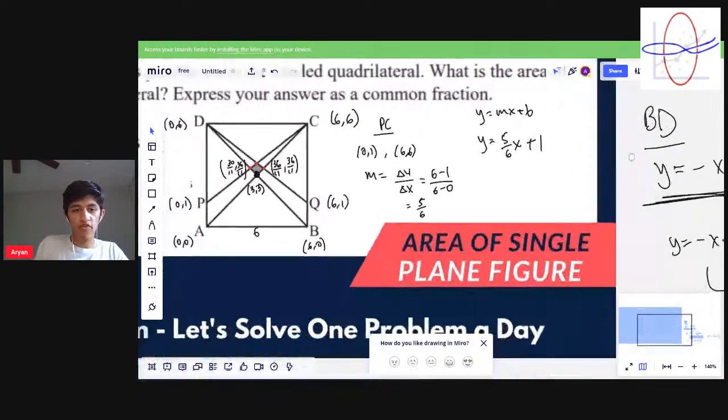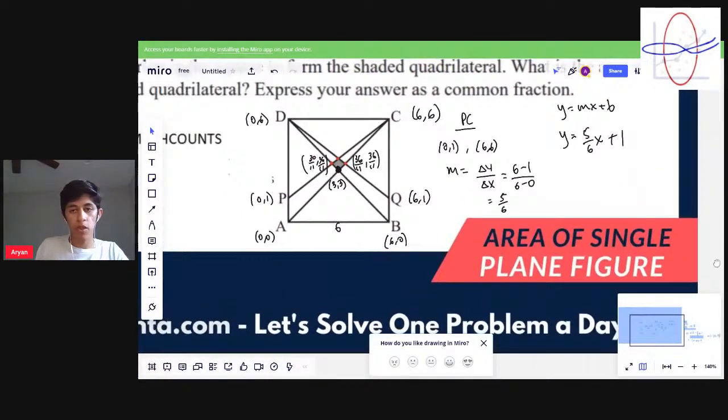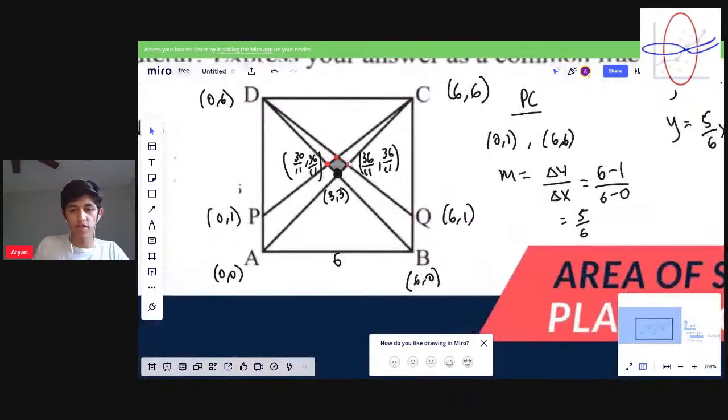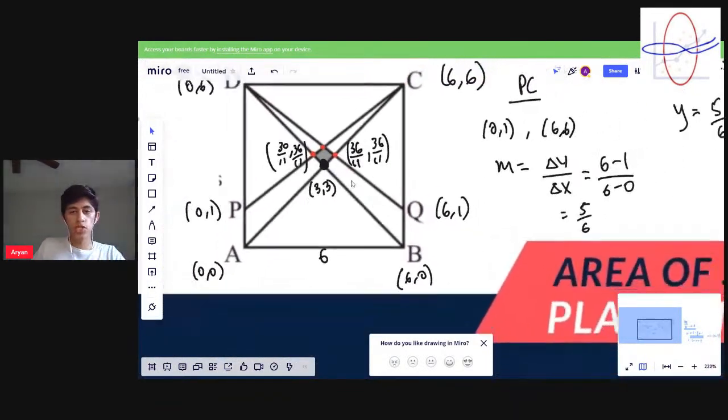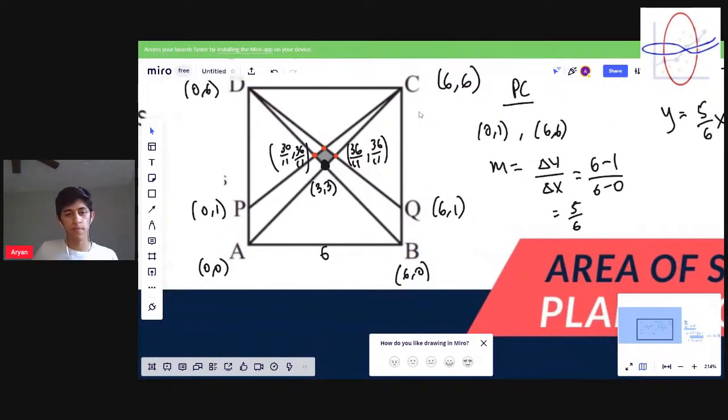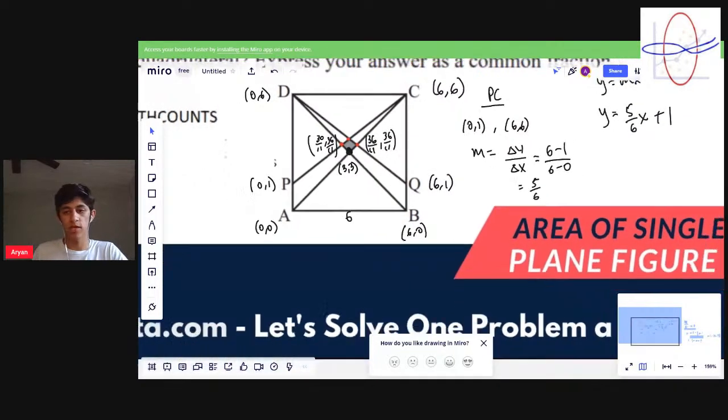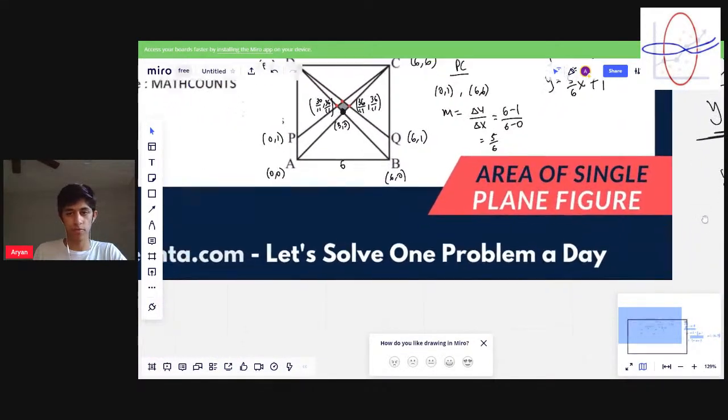So now if we want to find DQ, before we start cranking away to find the slope, we know the slope of PC is 5/6. And DQ looks pretty similar to PC, right? The idea is it's just 5/6, but it has a negative slope. So the slope of DQ is just -5/6, right? So we already have that information. We don't have to waste too much time figuring that out.